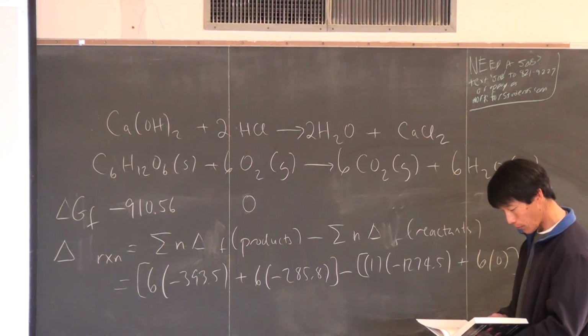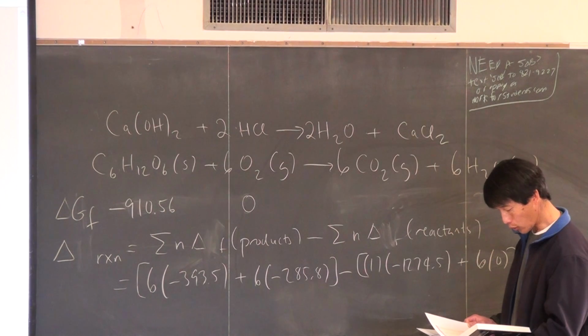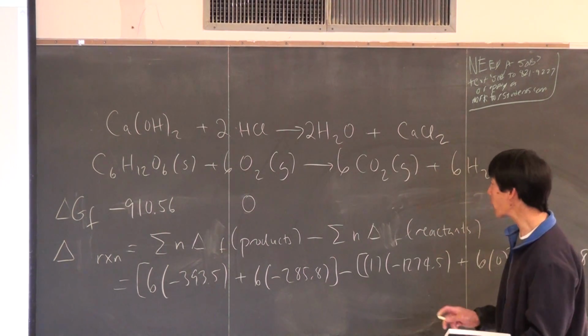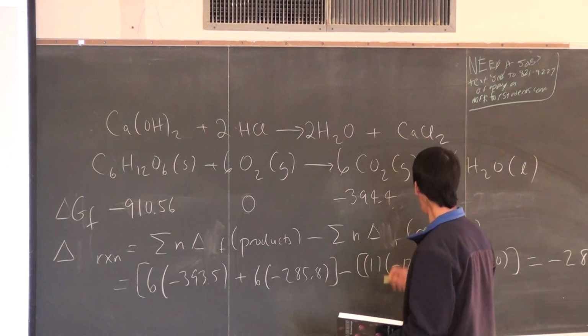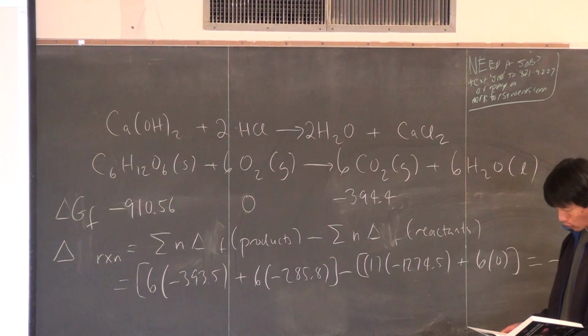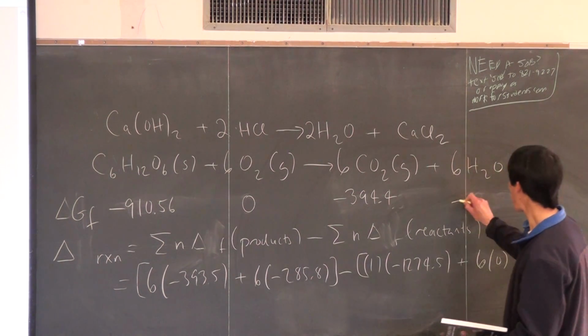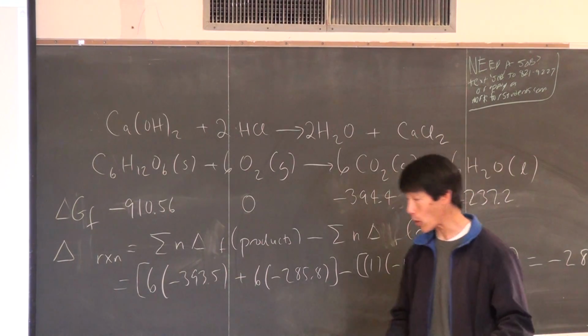For CO2, that's equal to minus 394.4. And then for H2O liquid, that's equal to minus 237.2. So we'll do the same calculation we did before.